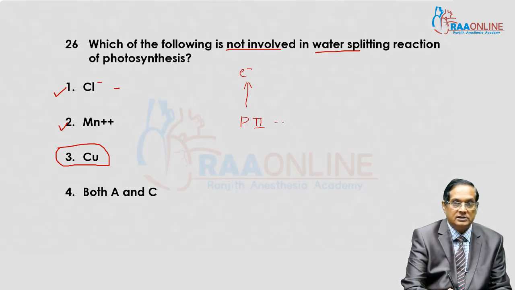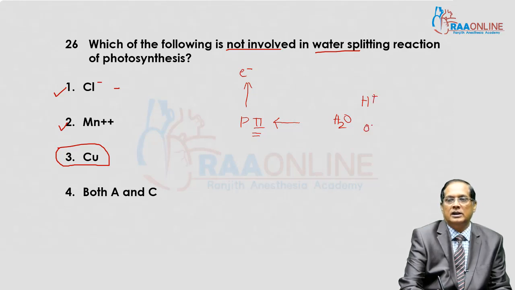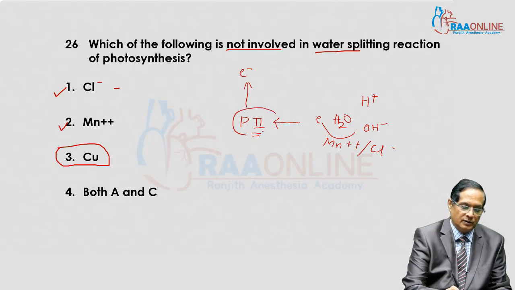The loss of electron is compensated by the water. Water splits into positively charged H ions and negatively charged OH ions, and these OH ions release electron, and these electrons are transferred, mediated by the manganese and chloride ions, to pigment system number 2.